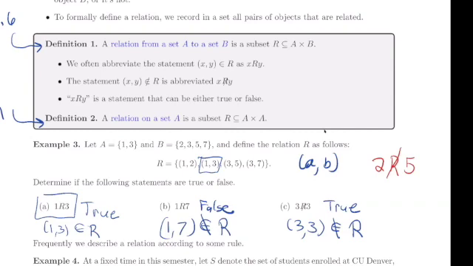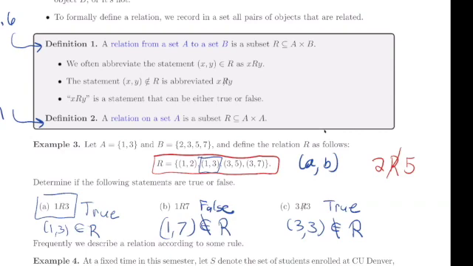So the idea is, okay, what about this relation 2, 5? Is this a true statement or false? For the given relation, it is correct. Yeah, so for this, it is true, right?